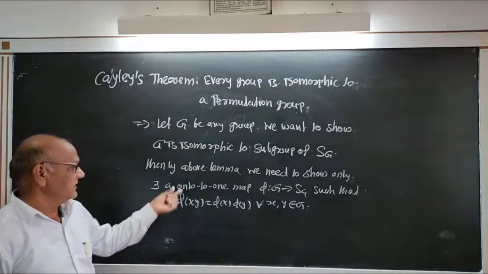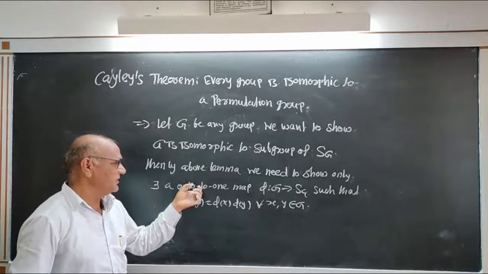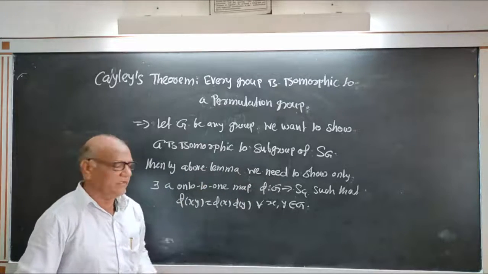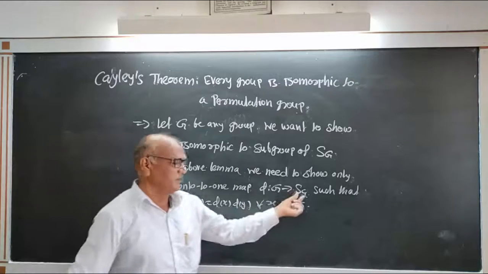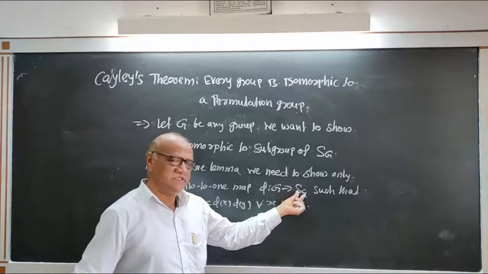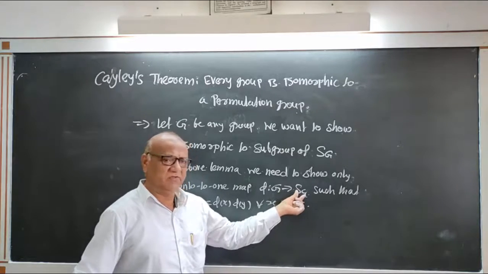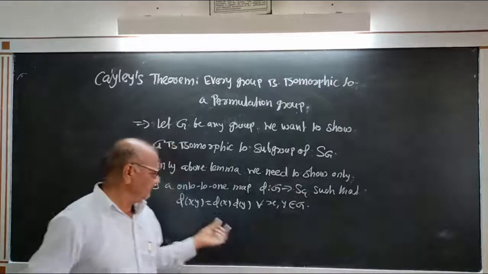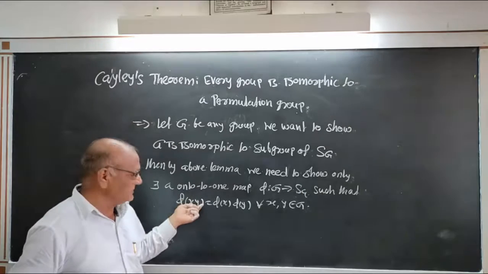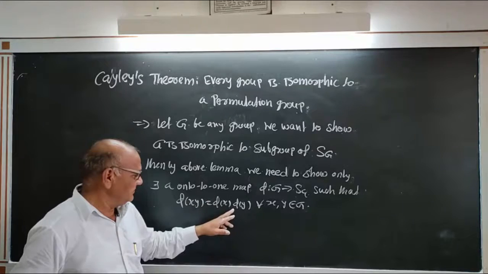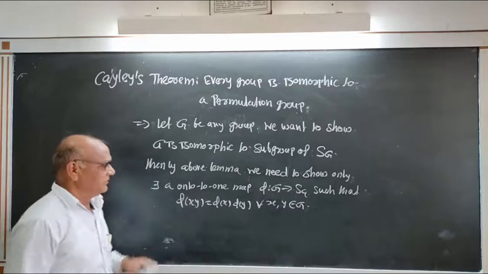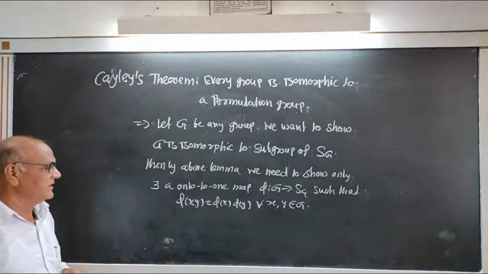That means we only need to show there exists a map from G to H_G, a permutation group on the set G, and this map is a 1-1 map with phi of xy equal to phi of x times phi of y. Then the proof is complete.